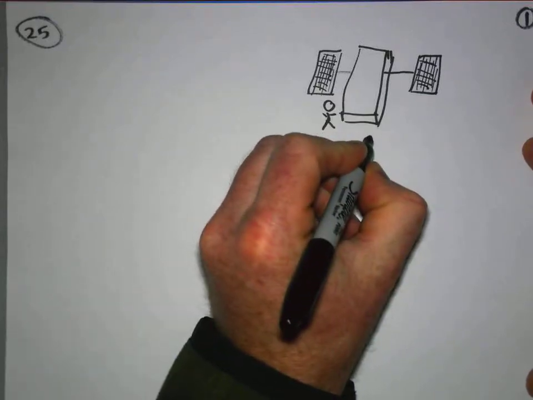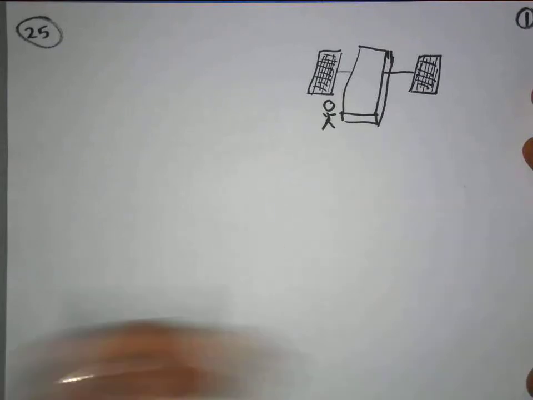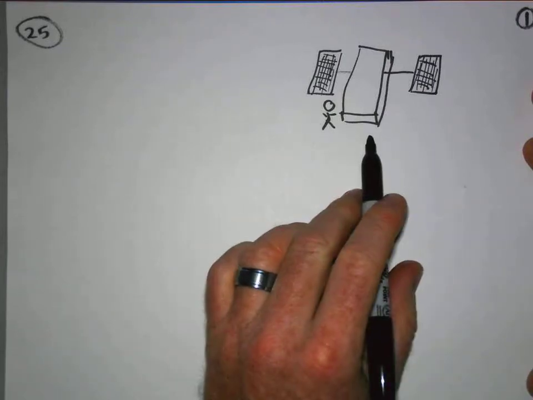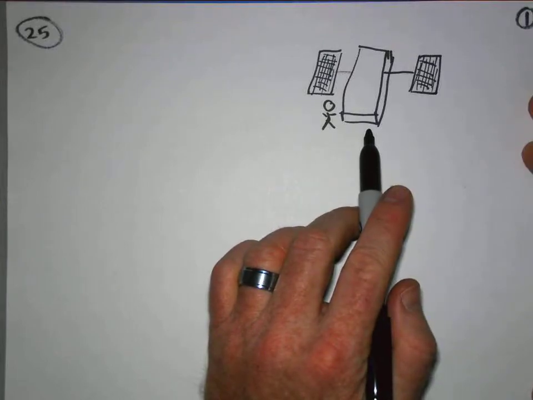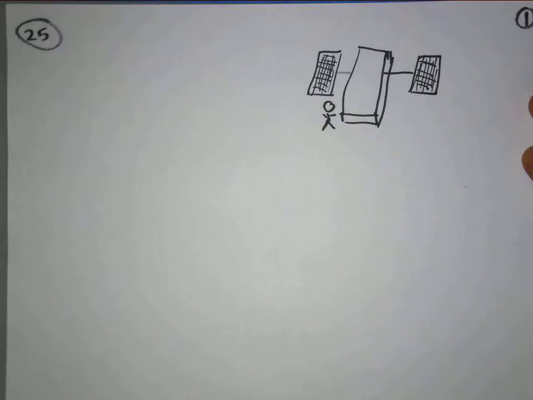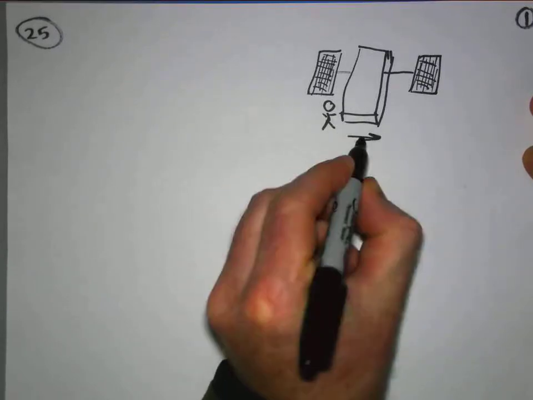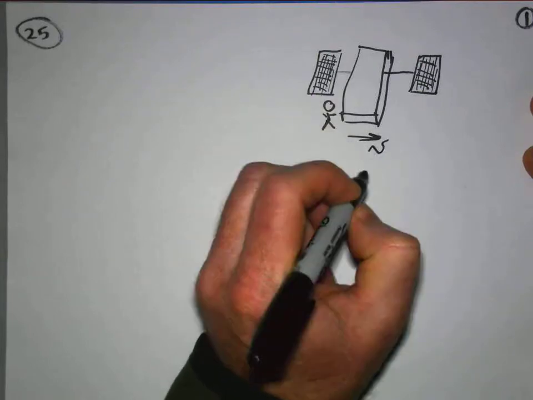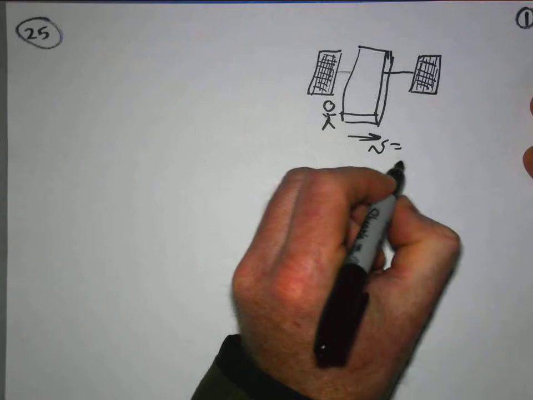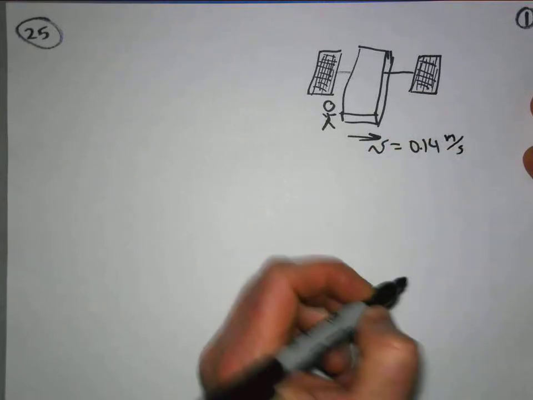We know that the astronaut's going to push on the satellite, and it's going to give the satellite a motion, a velocity relative to the shuttle that they traveled up in. Due to the push, let's say we have a velocity this way, and we're told that this velocity of the satellite is 0.14 meters per second.